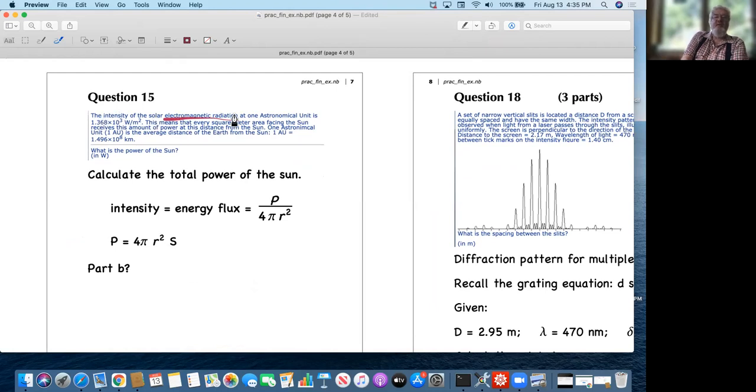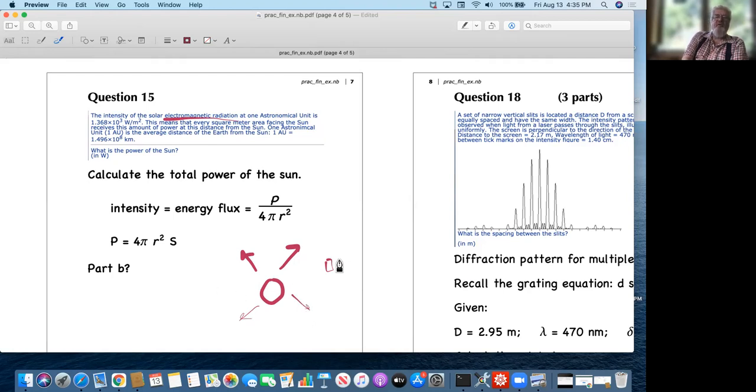It says the intensity at a distance 1 astronomical unit from the sun is 1.368 times 10 to the third watts per square meter. So I have here the sun, and you have a little square meter out here, and the sun is radiating light in all directions. The question is, what's the total power produced by the sun?